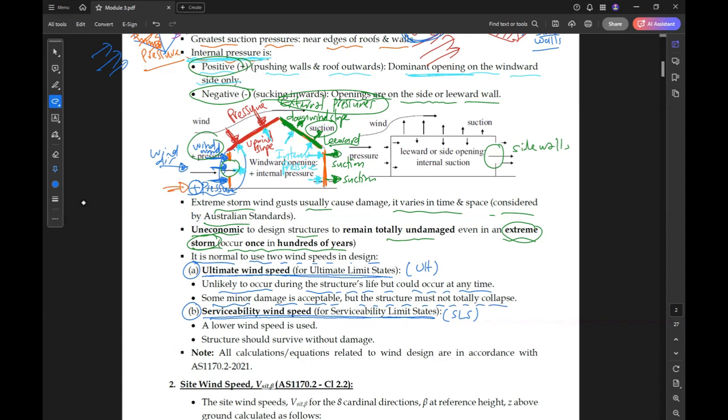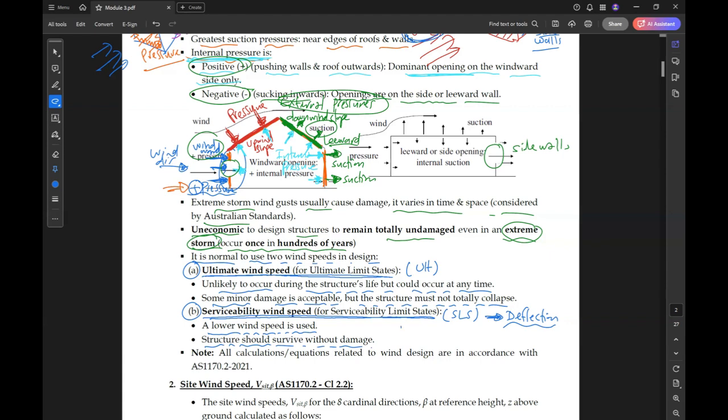So this design method allows for small damage in the elements. The serviceability limit state is used if we are checking for deflection and vibration and so on, as we saw last week. A lower wind speed is used in this design method, and the structure should survive without any damage in this case.